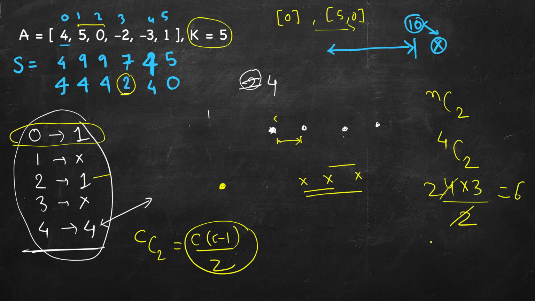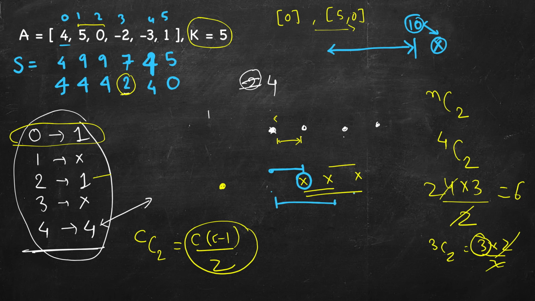So 3 will come from 3 choose 2, so 3 into 2 by 2, so 3. But these themselves are also valid. From 0 to this is a valid subarray since the sum is 0. The surplus is 0. So this is a valid subarray from beginning till this.